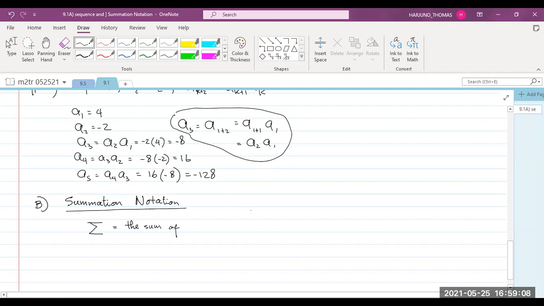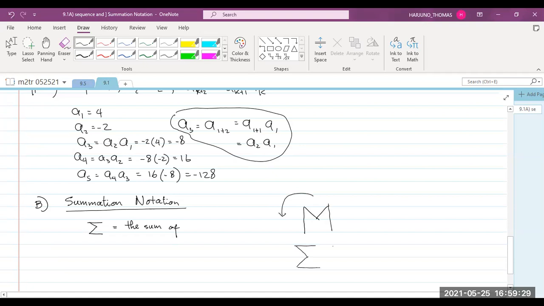Now, summation notation is written as a capital block M that you turn 90 degrees counterclockwise. So it becomes like this. This is how you write it.